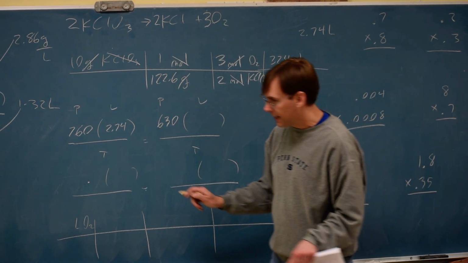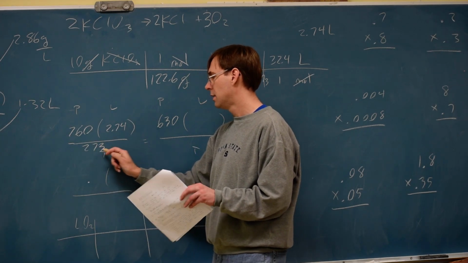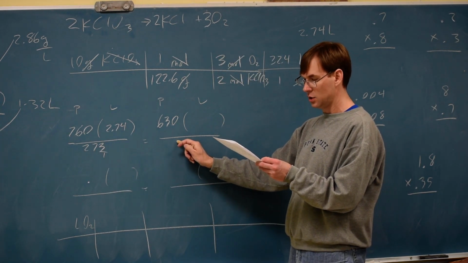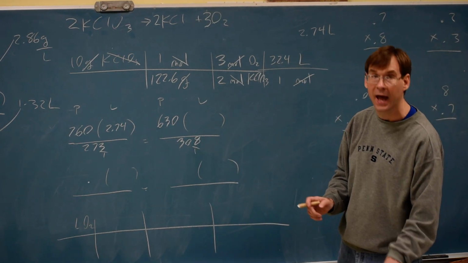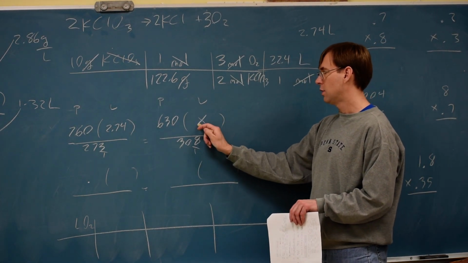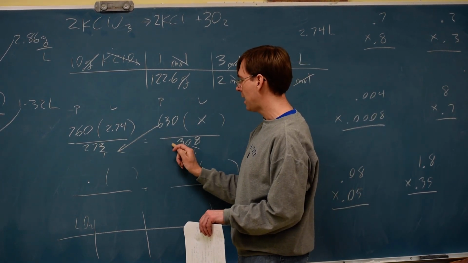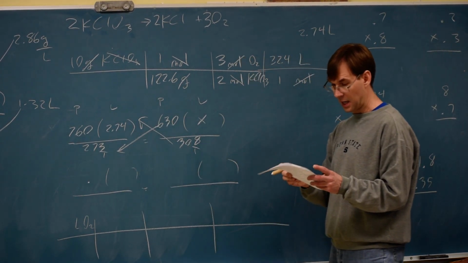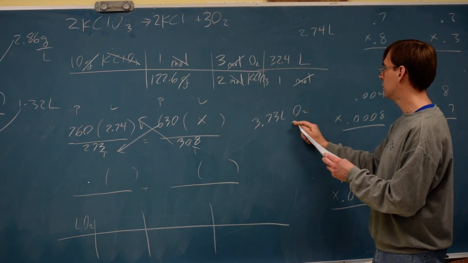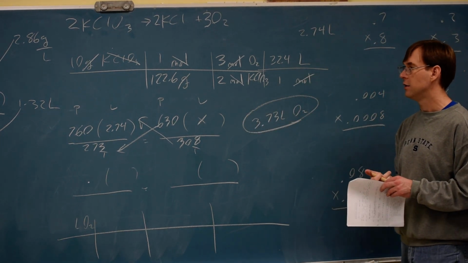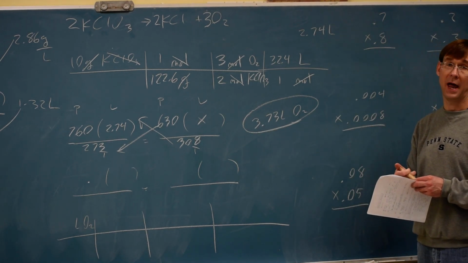We are at 273, but they wish us to change to 308 because 35 adds 273. So we go down, we go up, zappity zap zap zap. 3.73 liters of O2 should come out, and then you should have much rejoicing because you earned that one. That was a lot of work.